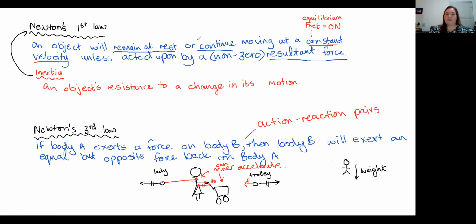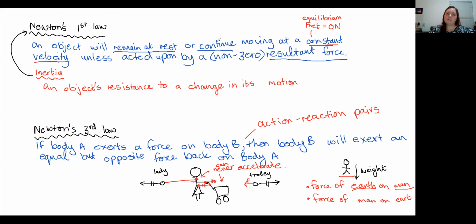So if we consider here the weight downwards, that is the force of the earth on the man. The action-reaction force cannot be the normal, because the normal is the force of the ground on the man. And then we're muddling earth, man, and ground, and they're three things. So you must remember when you do an action-reaction pair to write down what the one force is in terms of this on this, and then the action-reaction pair is going to be the force of the man on the earth.